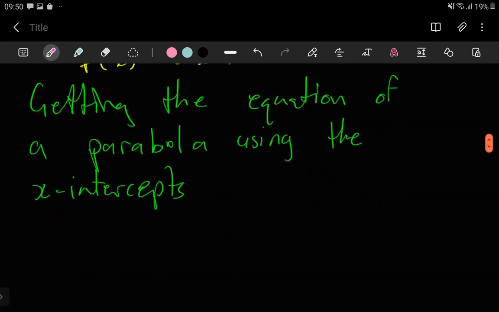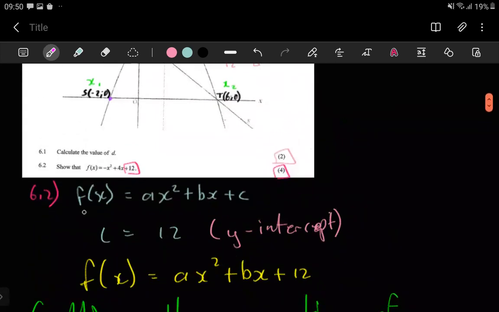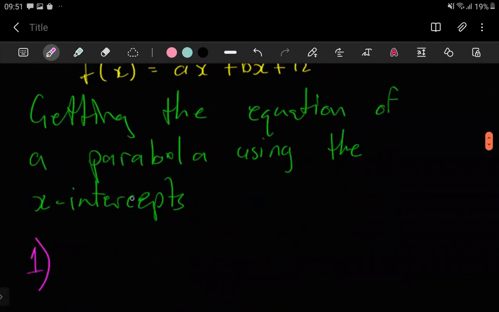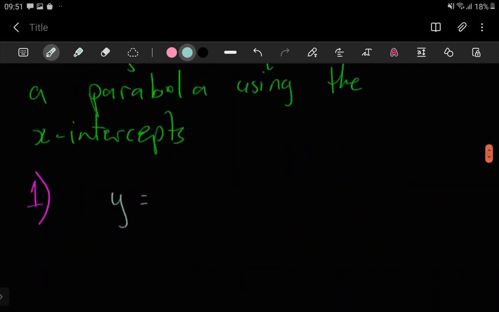The first thing you want to do is keep in mind that any equation of a parabola, when it is factorized, will look like this. The factorized version of that equation will always be something like this: y is equal to a, and then x minus x1, and then x minus x2, like that.